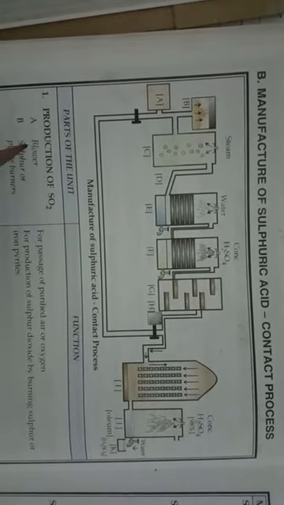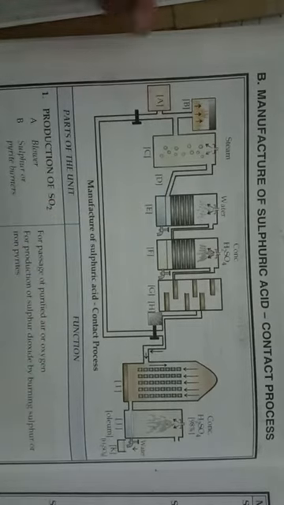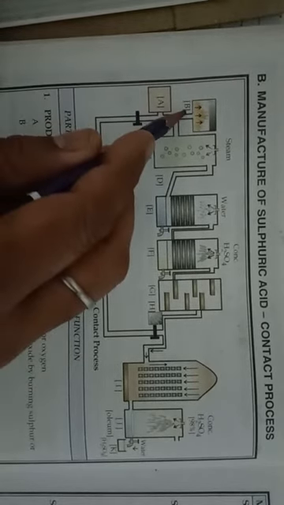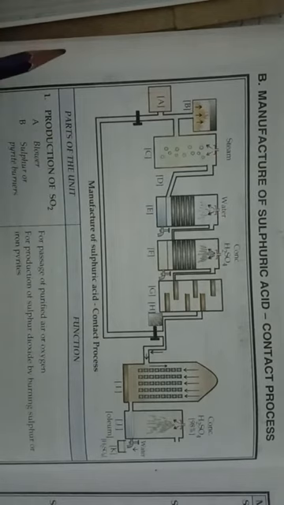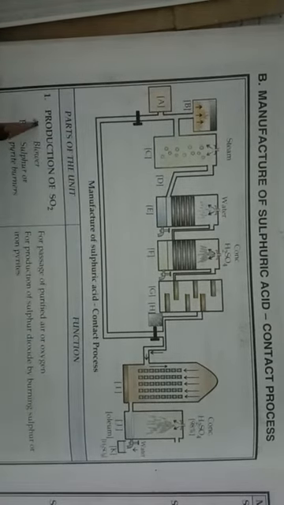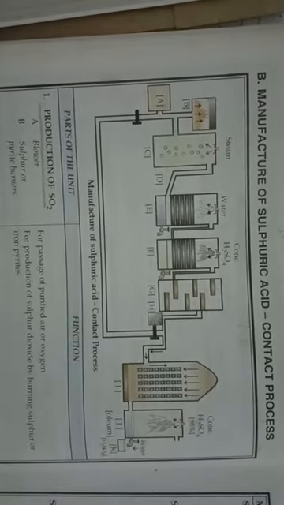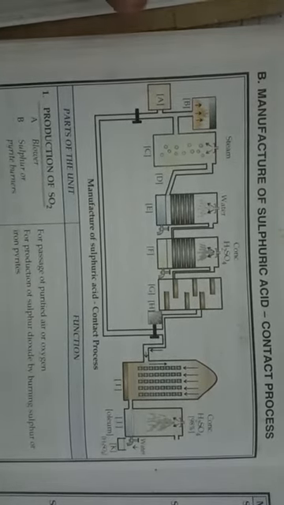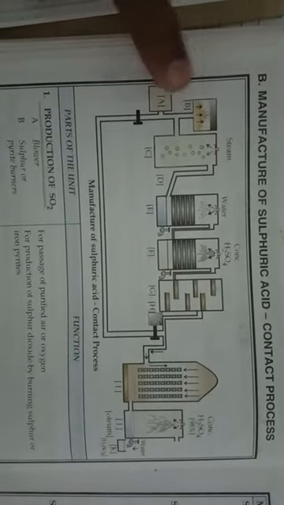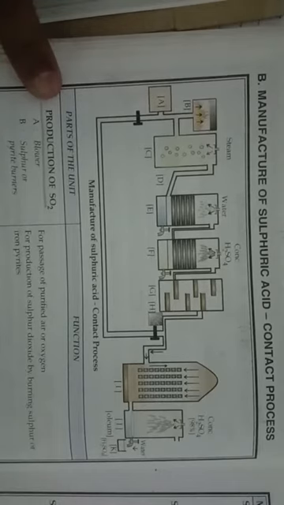The A and B parts of this contact process apparatus are for the production of SO2.